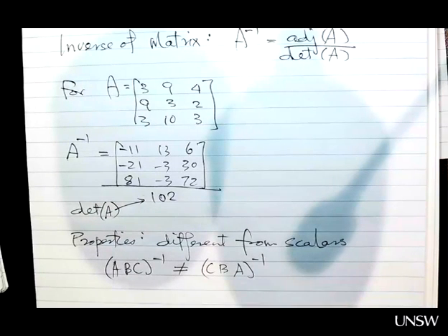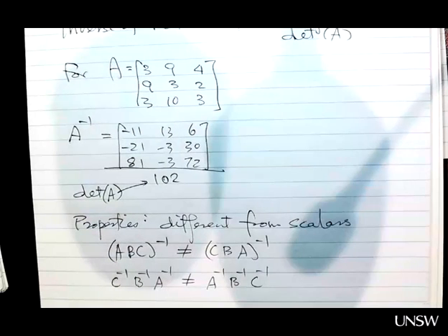It is not, right? And C inverse B inverse A inverse is not equal to A inverse B inverse C inverse. Those are properties we have to pay attention to when we are doing our controller design.